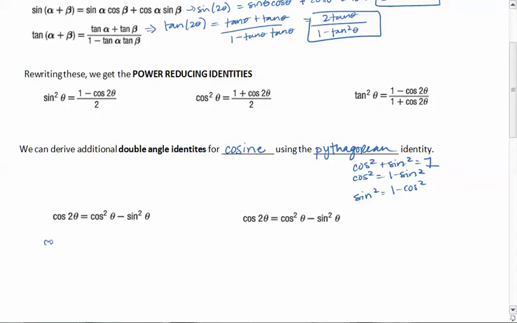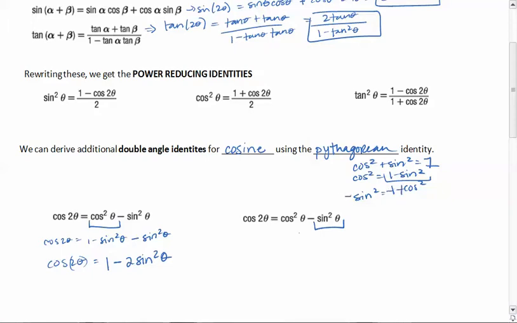So we have cosine of 2 theta equals, instead of cosine squared theta, we're going to write 1 minus sine squared theta minus sine squared theta, which means that cosine of 2 theta is also equal to 1 minus 2 sine squared theta. Now, if we wanted to instead plug in something for the sine squared theta, we actually have a negative sine squared theta, so we can make everything negative.